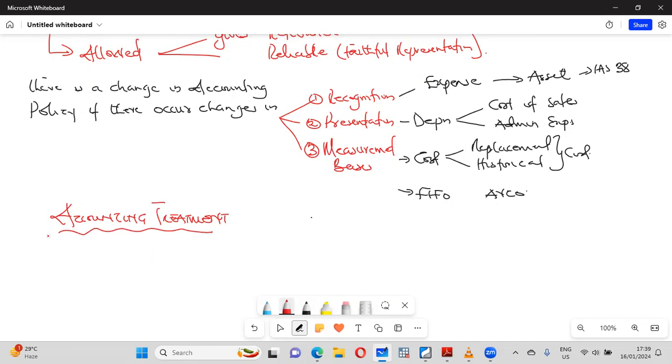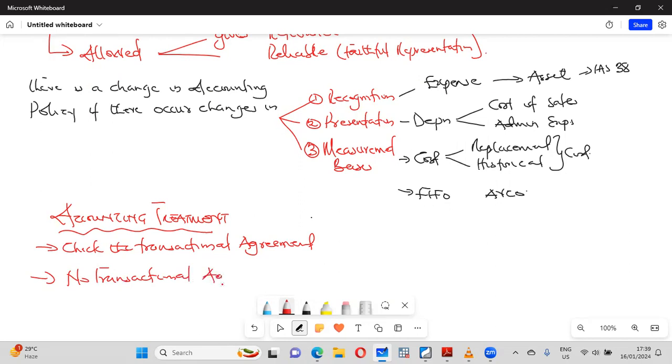If there is one, then you apply it. But if there is no transitional agreement, in the absence of a transitional agreement, what we do is apply the change retrospectively.